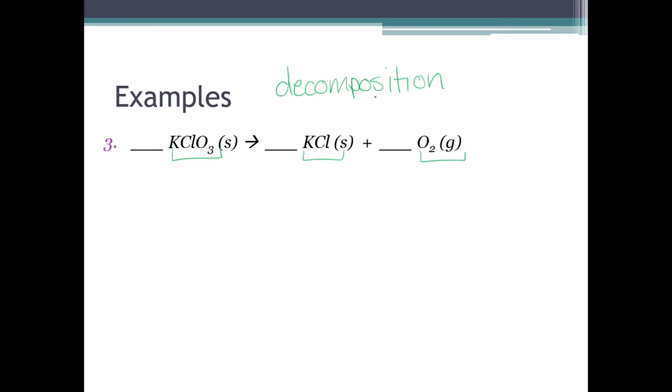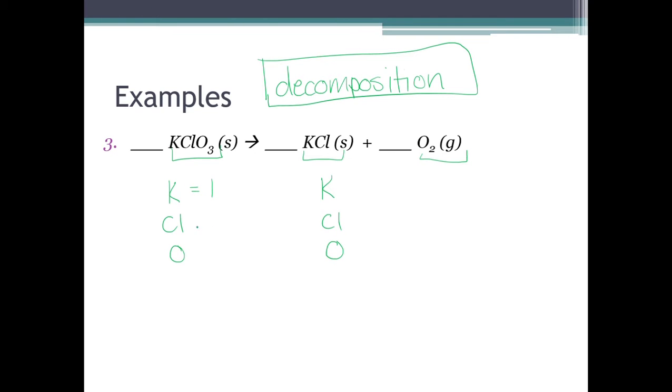So now that we've identified this is a decomposition reaction, a breaking down into smaller things, we can focus on the balancing. So here we've got potassium and chlorine and oxygen, potassium and chlorine and oxygen. So here on the left we have 1 potassium, 1 chlorine, 3 oxygens.